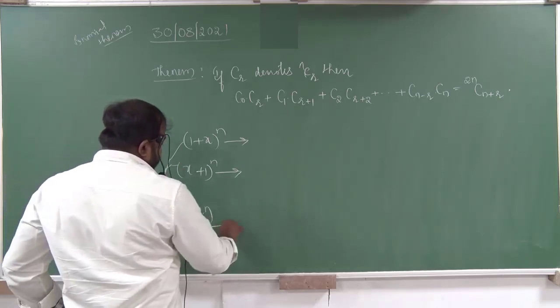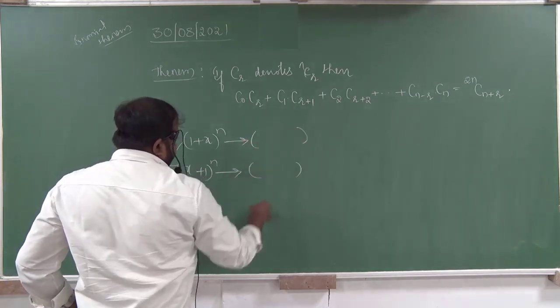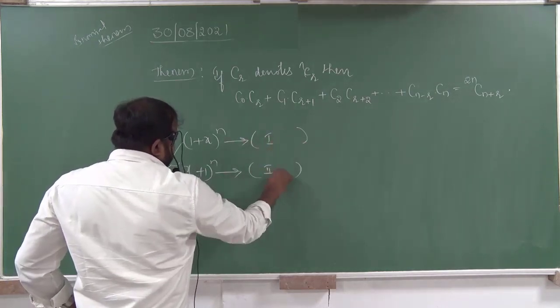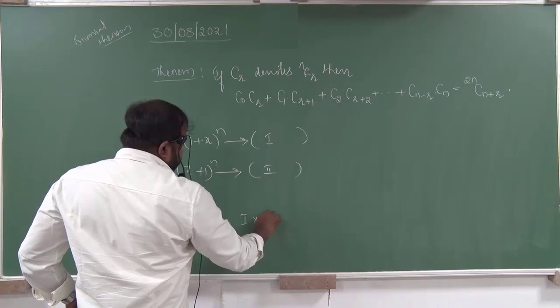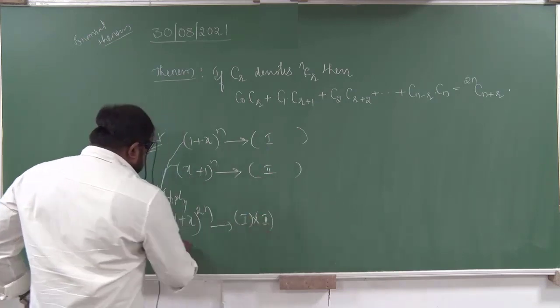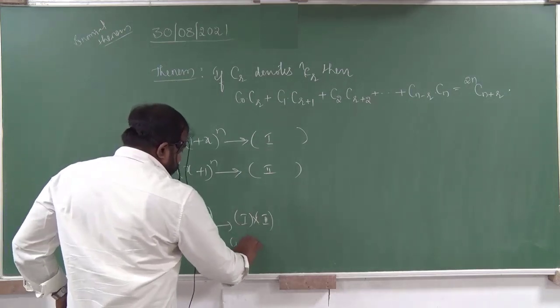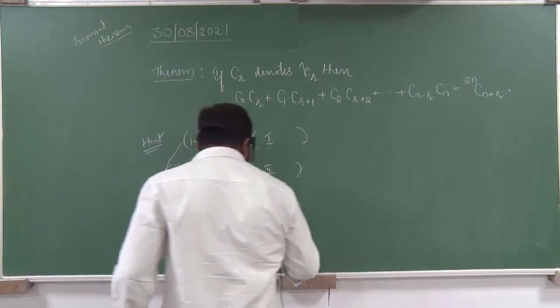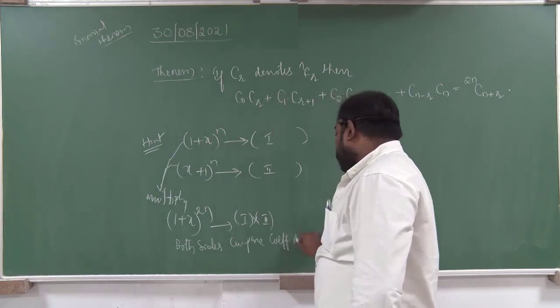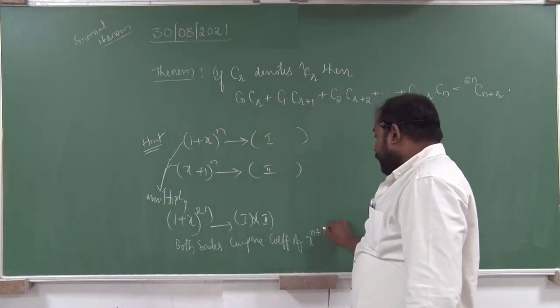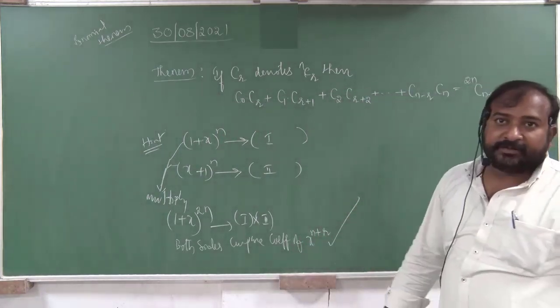And this side you will get one expansion, second expansion, first into second expansion like this. Then both sides compare the coefficient of x power n plus r. You will get the result.